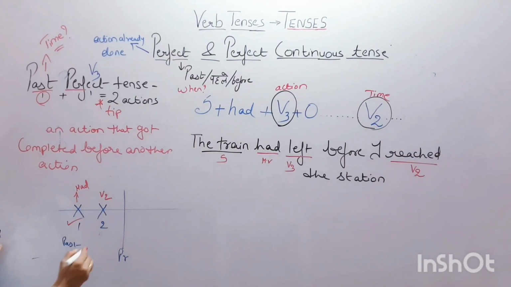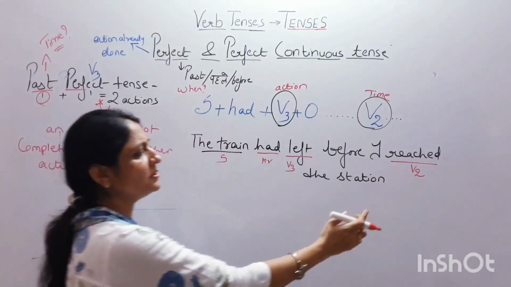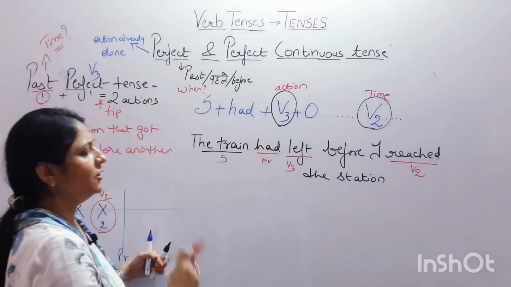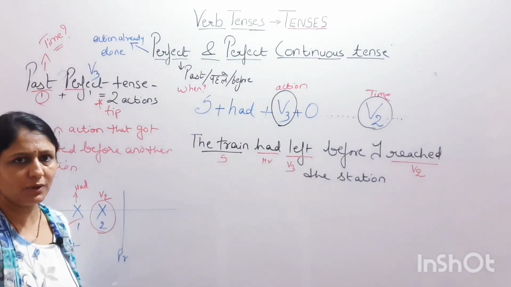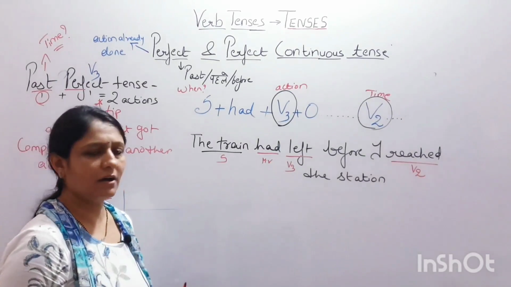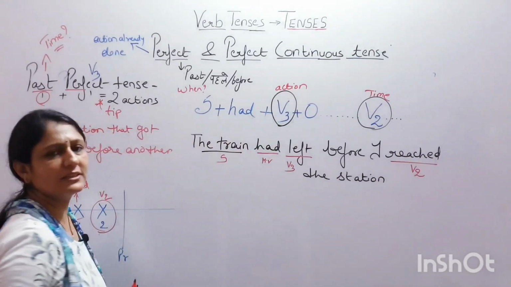Train पहले चली गई, मैं बाद में station पहुंचा. So see, the word reached is expressed there in the form V2, and here it was left. So we had two actions in one sentence. ट्रेन का जाना और मेरा या हमारा स्टेशन पे पहुंचना.